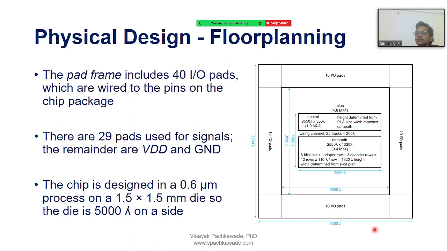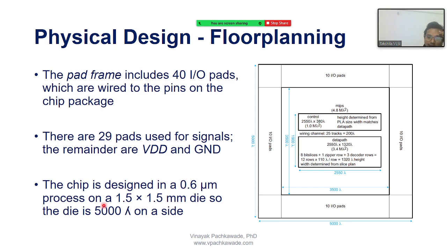So L is the channel length or the physical feature size, and half of that is lambda. If I say I have a feature size of 0.6 micrometer, then lambda is 300 nanometer, right?